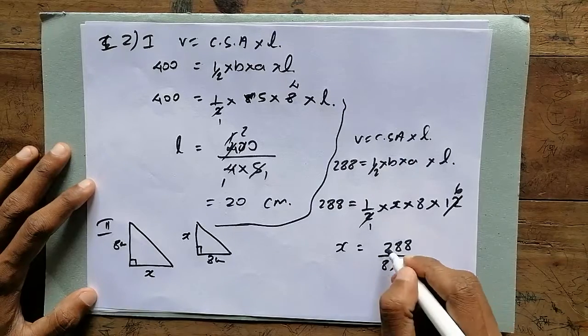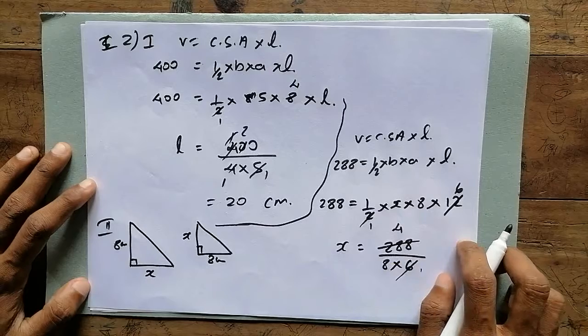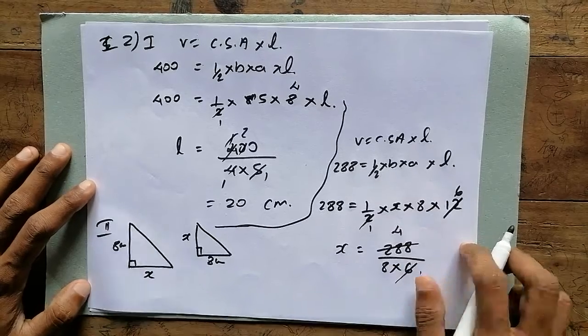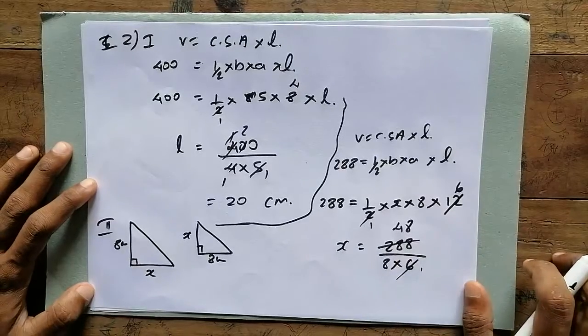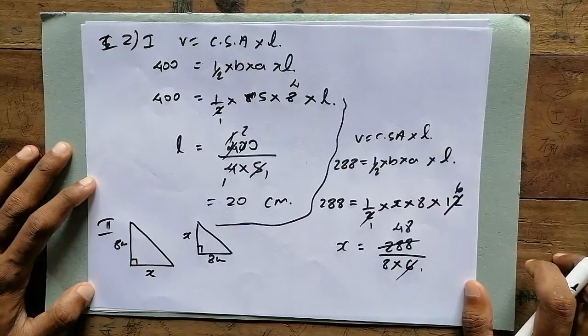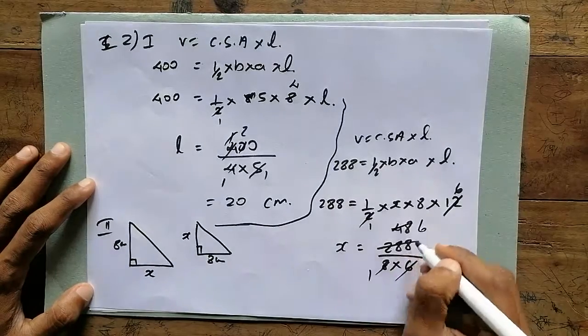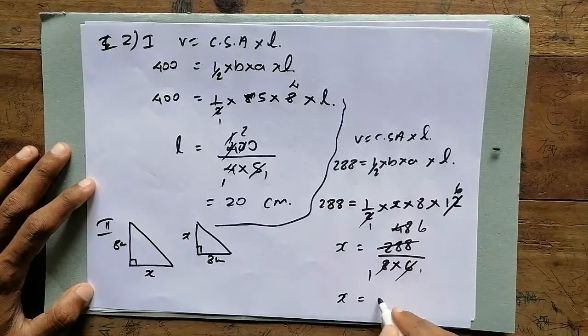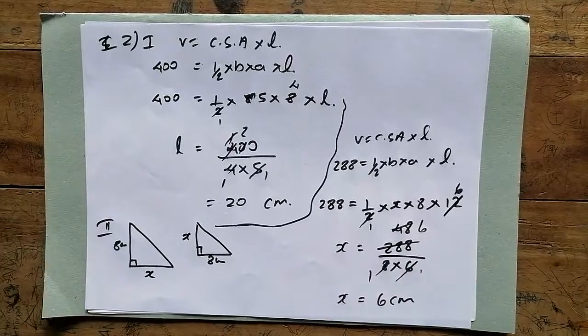So 6 times 1 is 6... 6 times 4, it's 24. Remaining is 24, so 48. It's 8 times. Is that correct? So if we divide 48 by 8, 8 times 1, 8 times 6. So x equals 6 centimeters.